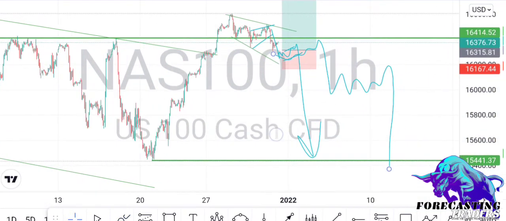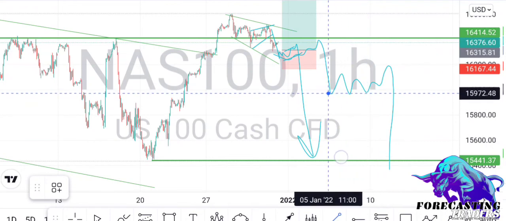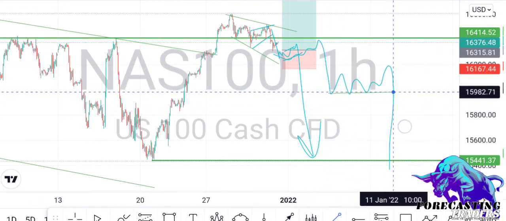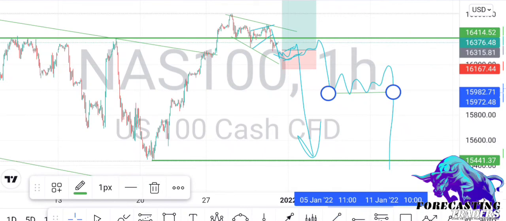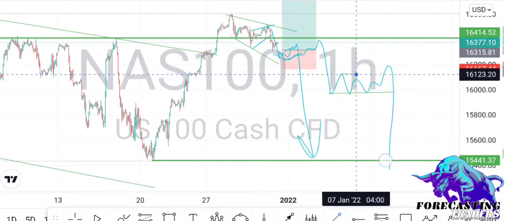So this is what we should also expect from the market.